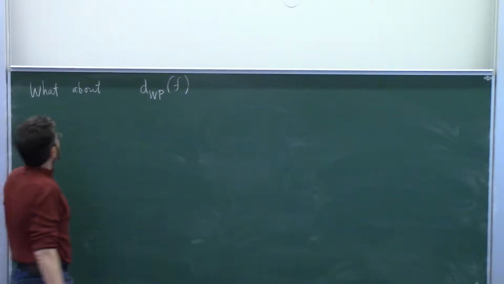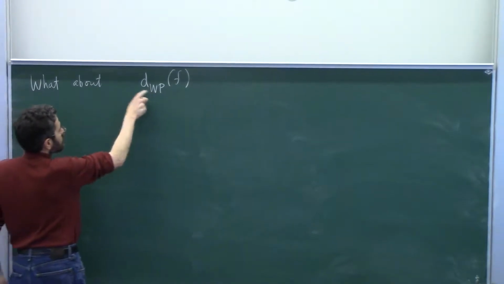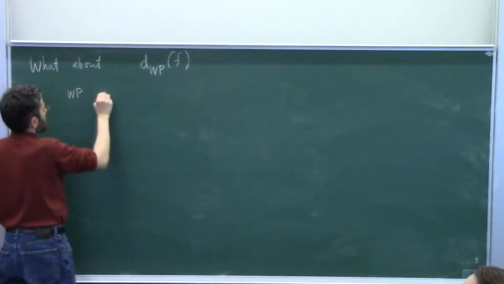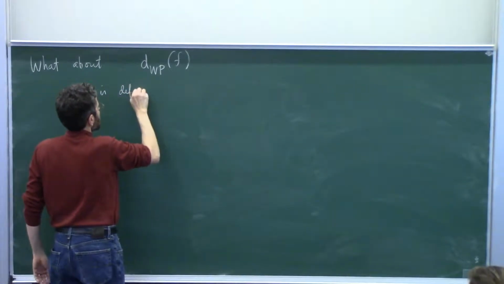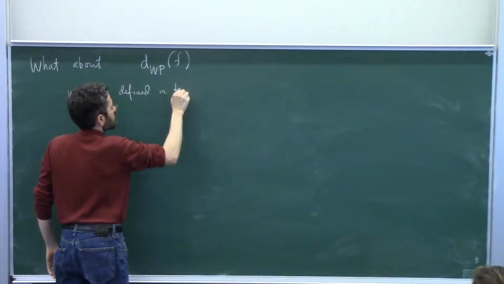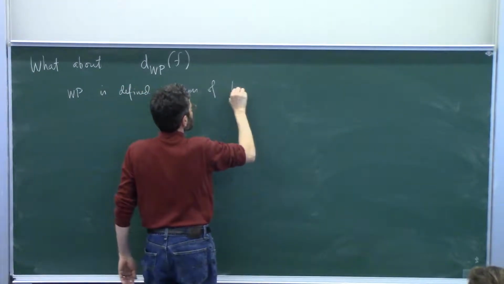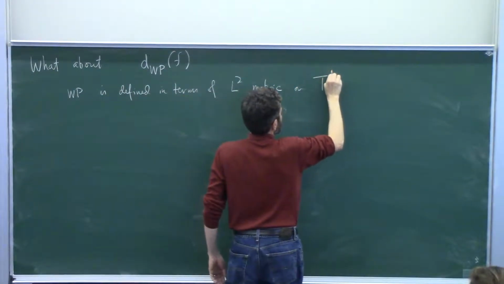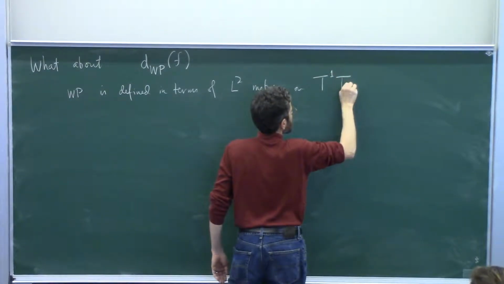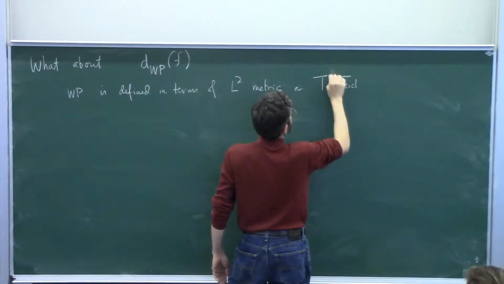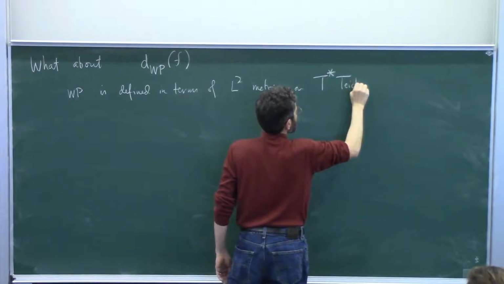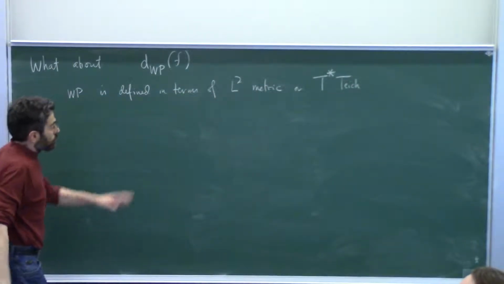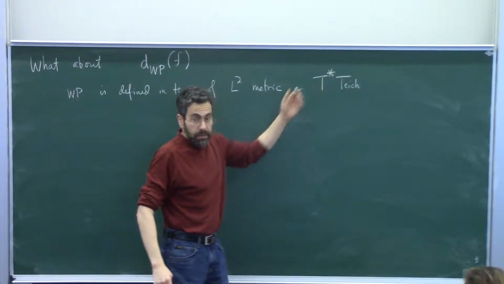Maybe the one important thing to say about the definition of the Weil-Petersson metric is that it is defined in terms of an L2 metric on the cotangent space of the Teichmüller space, and therefore the dual L2 metric on the tangent space.